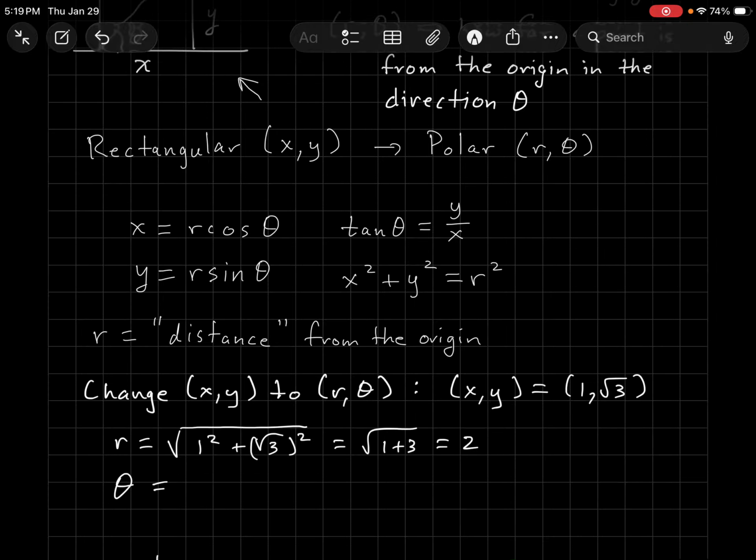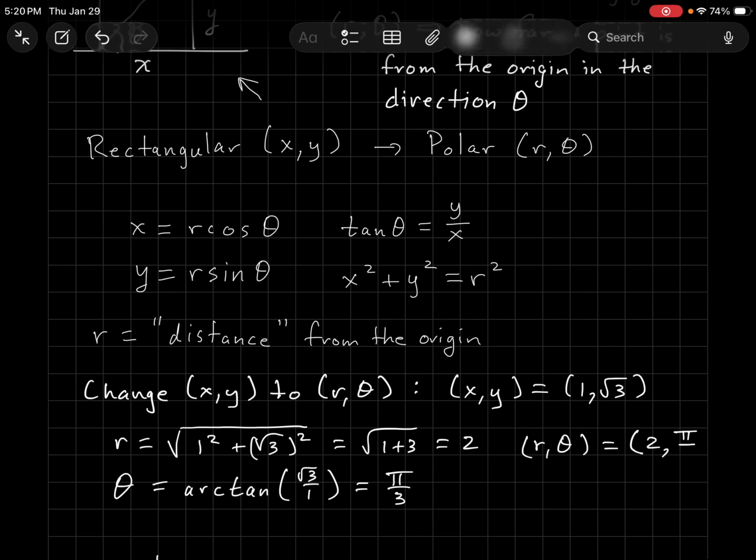And theta is the inverse tangent or arctangent of y over x, which means theta is pi over 3. So I could write my point in polar form as r theta equals 2 comma pi over 3. Now, if you recall from trig, there are many ways of writing a point, but I will just write the simplest point that I can think of to find r and theta.